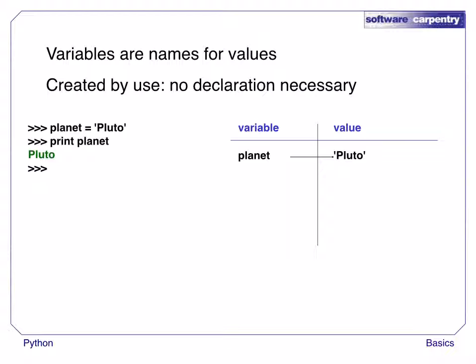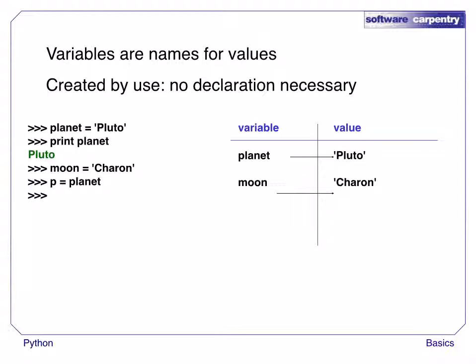Internally, Python stores a table of all the variables that we've created so far and keeps track of the values that they refer to. So if we assign another string to the variable moon, Python adds an entry to the table for moon, allocates some memory to store the string, and then makes the variable point to that string.